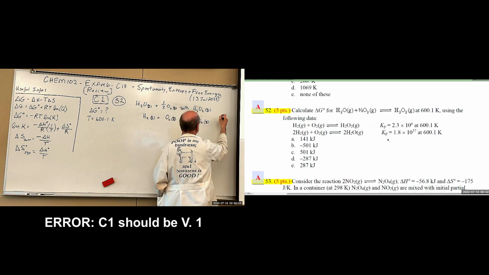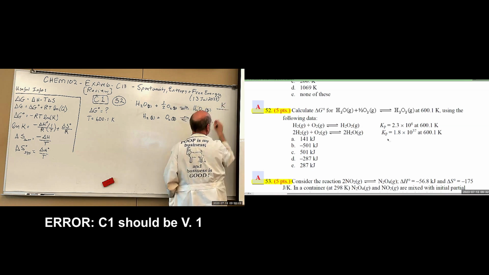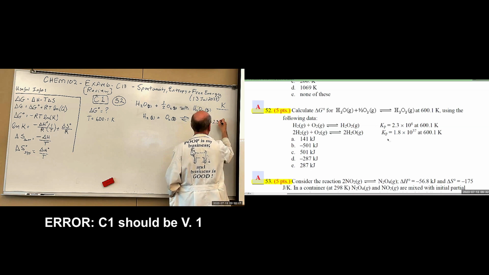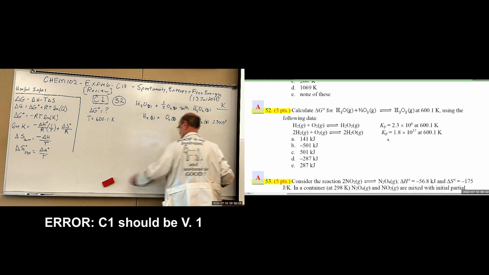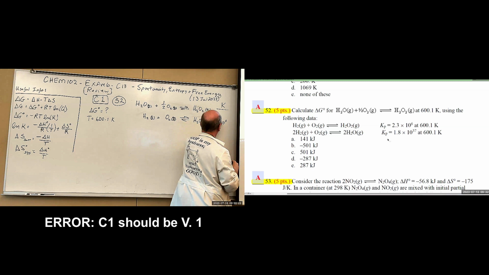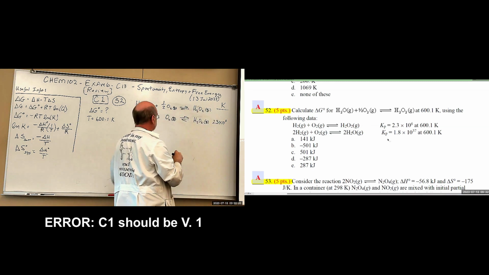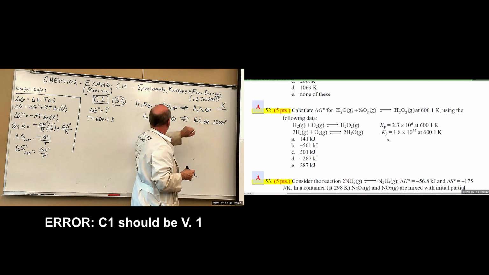Right. And the K for this one, let's put up here. The K for this one is 2.3 times 10 to the 6. Okay, that got us this term.